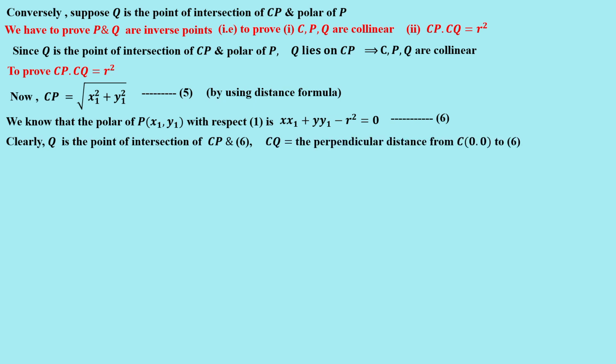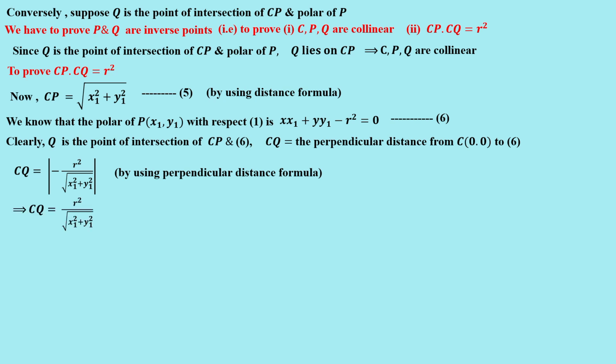So CQ is equal to the perpendicular distance from C(0, 0) to 6. Therefore, using the perpendicular distance formula, CQ is equal to modulus of minus r square by root of x1 square plus y1 square, so CQ is equal to r square by root of x1 square plus y1 square, which is CP from equation number 5. So CP into CQ is equal to r square.